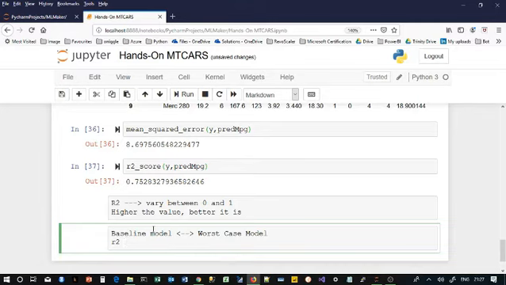In a very simple sense, I know the equation might be wrong, but R square is nothing but 1 minus the variance calculated on your data with respect to the regression line, which is nothing but your mean squared error, divided by the variance with respect to the mean line.